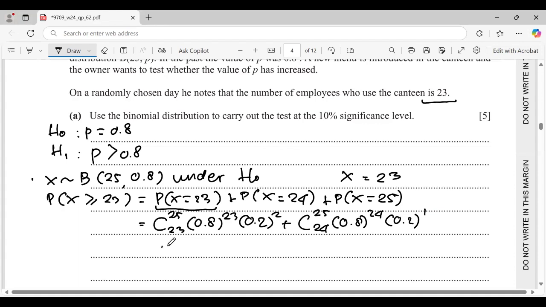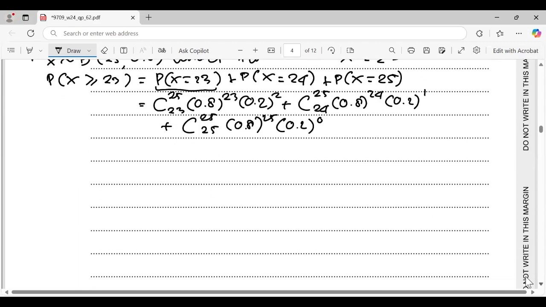So that plus combination 25 choose 25, 0.8 power 25, and 0.2 power 0. If we compute, it's going to be 0.070835.